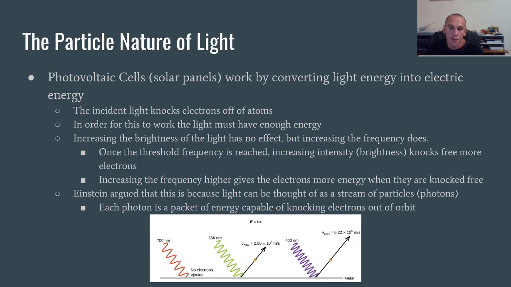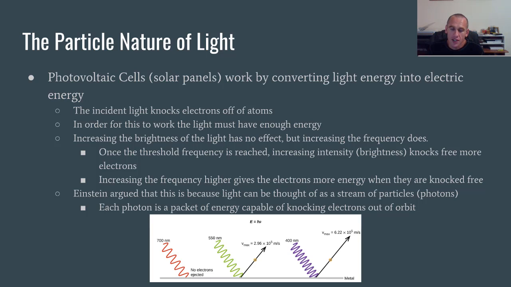And once we get above that frequency, we just knock the electrons out with more and more speed, or more and more energy. Shining the light brighter means we're hitting more photons on there. We've increased the number of photons coming per second, not the energy of a photon, just the amount of photons. And so the photoelectric effect is explained by thinking of light as a stream of particles.